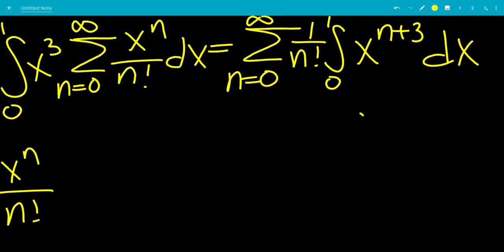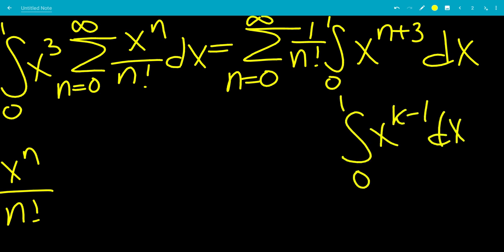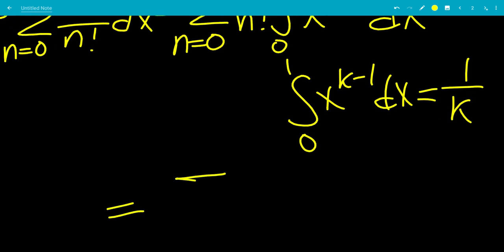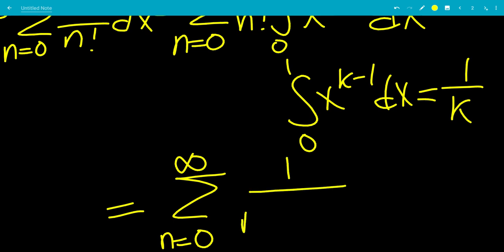The integral from 0 to 1 of x to the k minus 1 is defined to be 1 over k. So now we're just going to plug in k equals n plus 4, leaving us with the sum from n equals 0 to infinity. On the top, the numerator is just 1 times 1, so it's just 1 over n factorial.